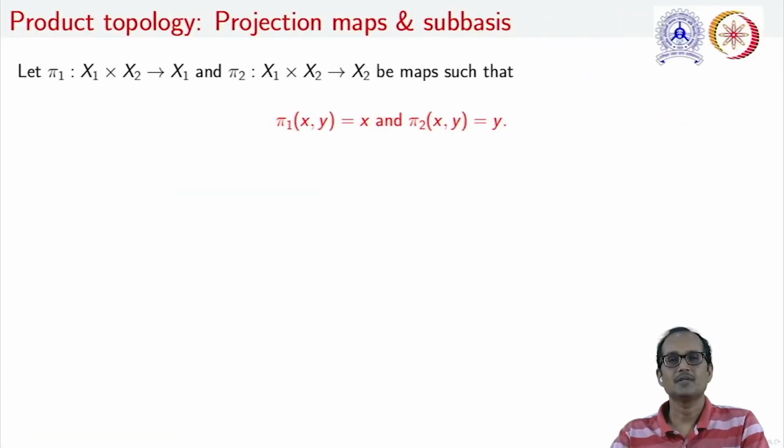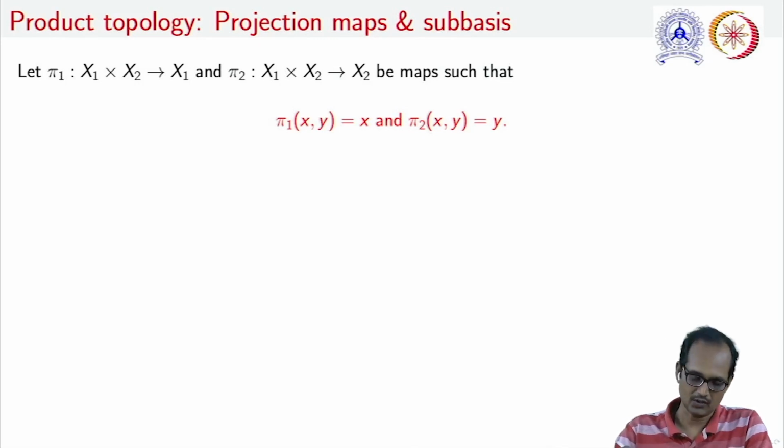Moving ahead, we have already seen two bases for the product topology. Let us try to reduce the size further by using the concept of subbasis. Actually, this concept is based on the notion of two maps, pi1 as well as pi2, and these maps are called projection maps.